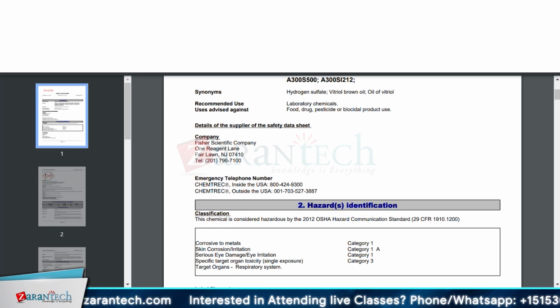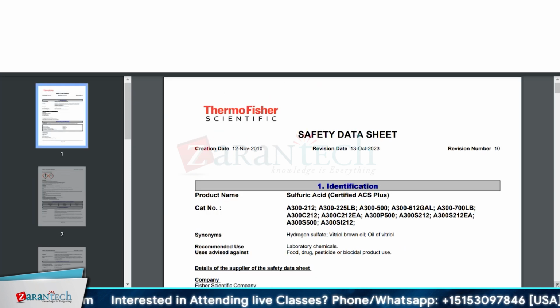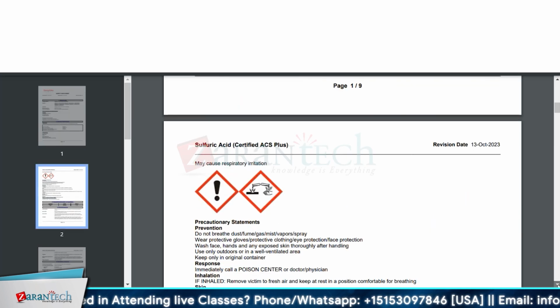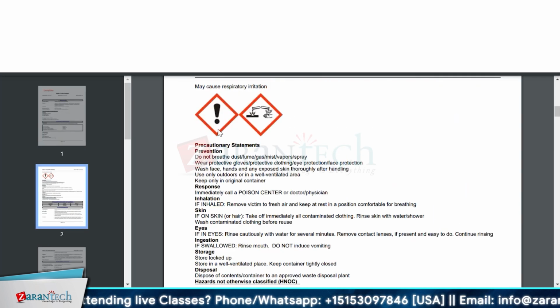So now we will go to the next page. I'm sorry, here we go. In the hazard identification, we have to complete section 2. Have you seen these symbols anywhere? Whenever you buy any product, have you seen symbols like an exclamation mark? Yes, where have you seen them? On the label. It will be there on any product.